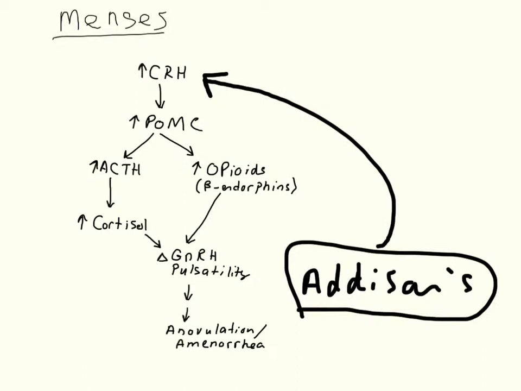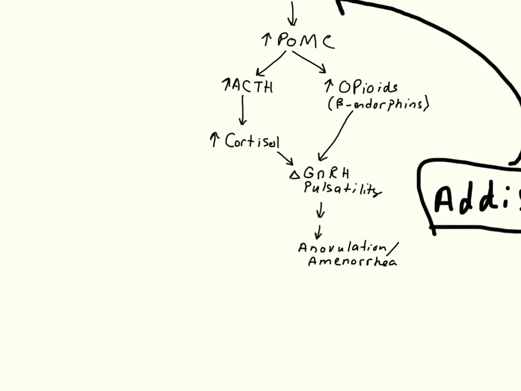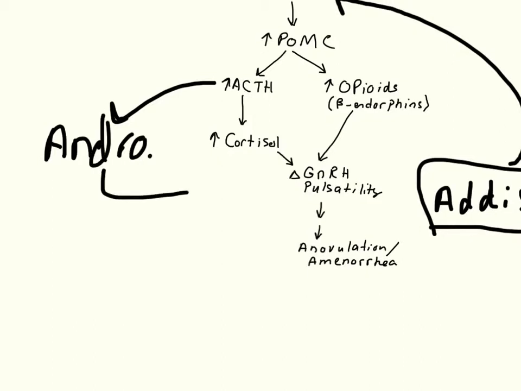Now also with an increase in ACTH, ACTH will act on the adrenal cortex to increase the production of androgens. I'm just going to put andro. And androgens will also feed back and inhibit the pulsatility of gonadotropin-releasing hormone.